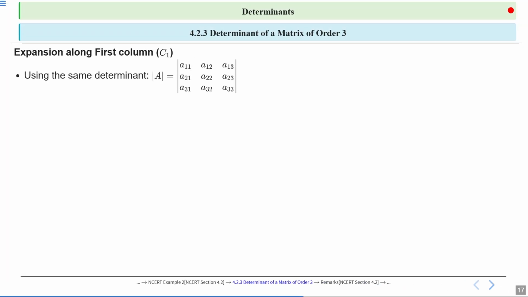Now we expand along the first column. So the first column is a11, a21, a31. Using the same determinant, when we expand along the first column, the first element is a11.